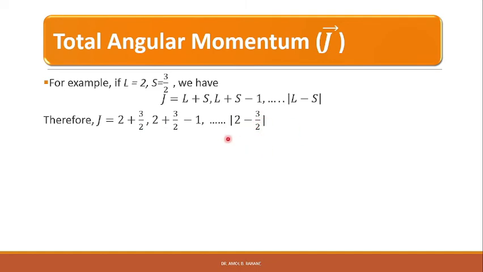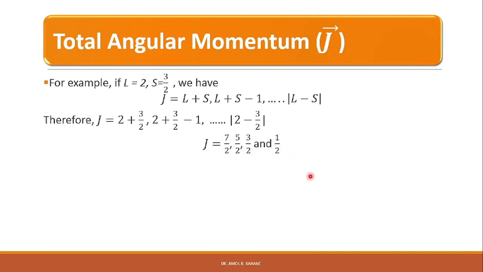The modulus sign indicates that positive value only, that is the lowest value of quantum number J is given by the positive value of L minus S, right? So the lowest value we get is modulus of 2 minus 3 by 2. So we get J is equal to 7 by 2, 5 by 2, 3 by 2 and 1 by 2.